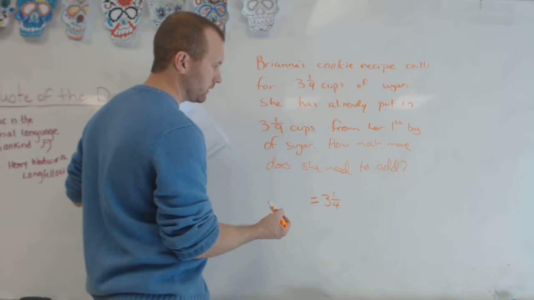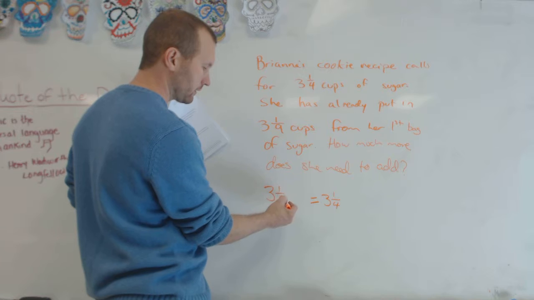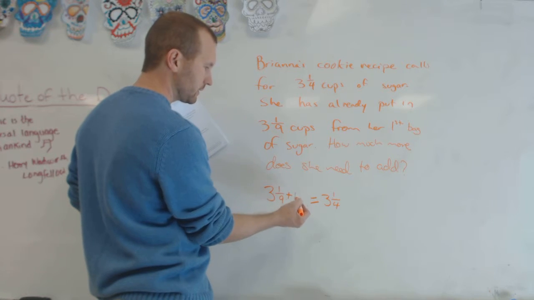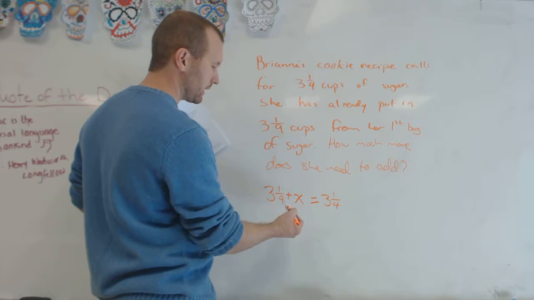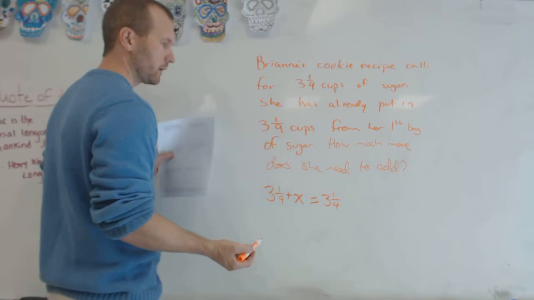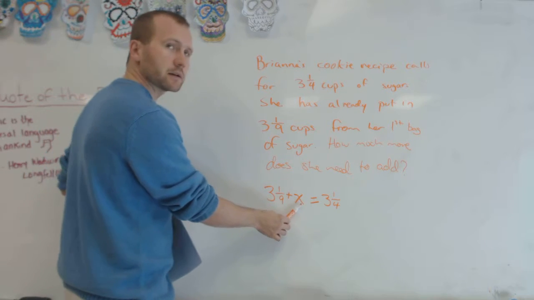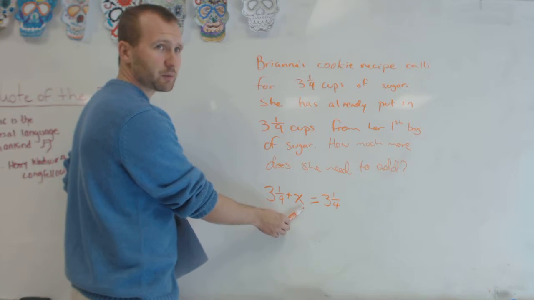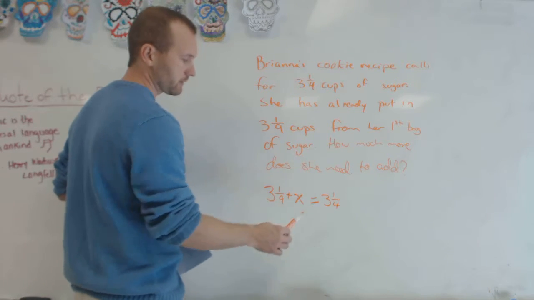That's going to equal the amount she's already put in, 3 1/9, plus the amount she needs to add, which we don't know, so we'll call it x. So the amount she put in plus the amount she's going to add needs to equal this total amount here, 3 1/4.